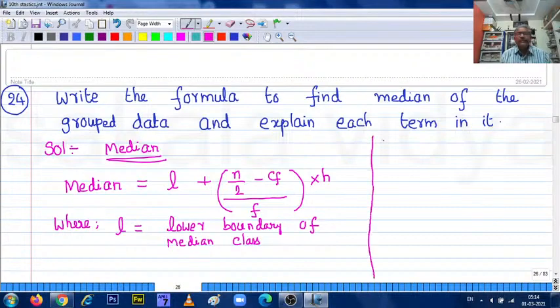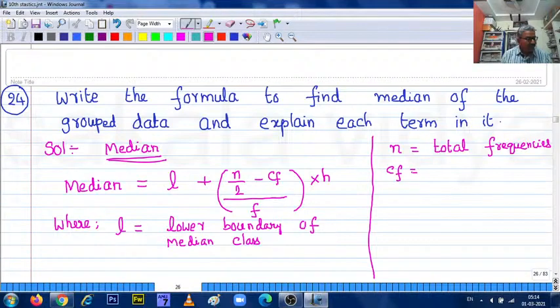Next we need to explain about n. N is equal to total frequencies. N stands for total frequencies. Next CF.